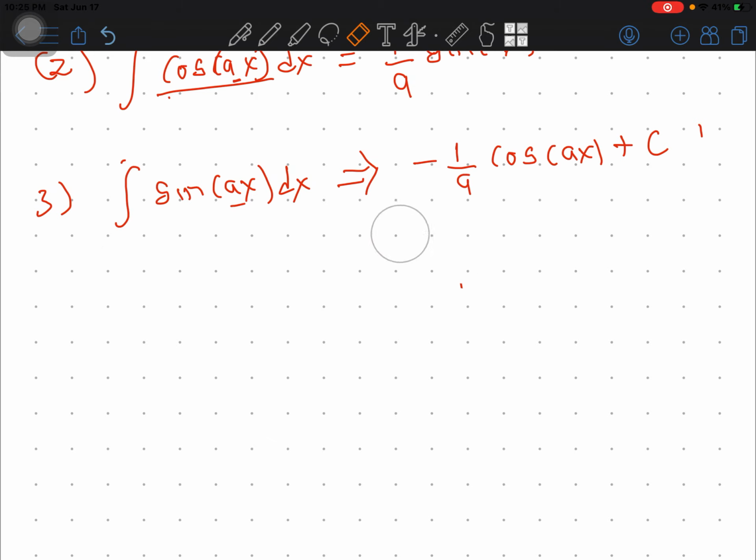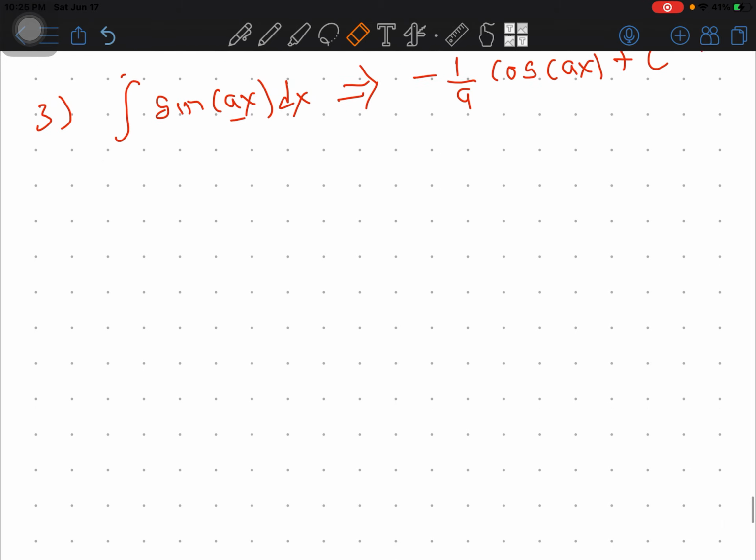So basically, let's move on to the next standard integral that I want you to know. It's the integral of sec square ax dx.